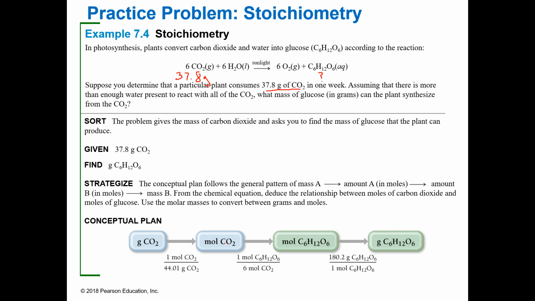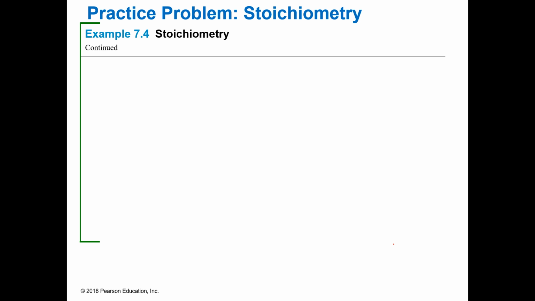Then we're going to go from moles of CO2 to moles of glucose using that mole to mole ratio, which you're going to get right here. There's 6 moles of CO2 to 1 mole of glucose. Then we're going to go from moles of glucose to grams of glucose using the molar mass of glucose, which you would have calculated.